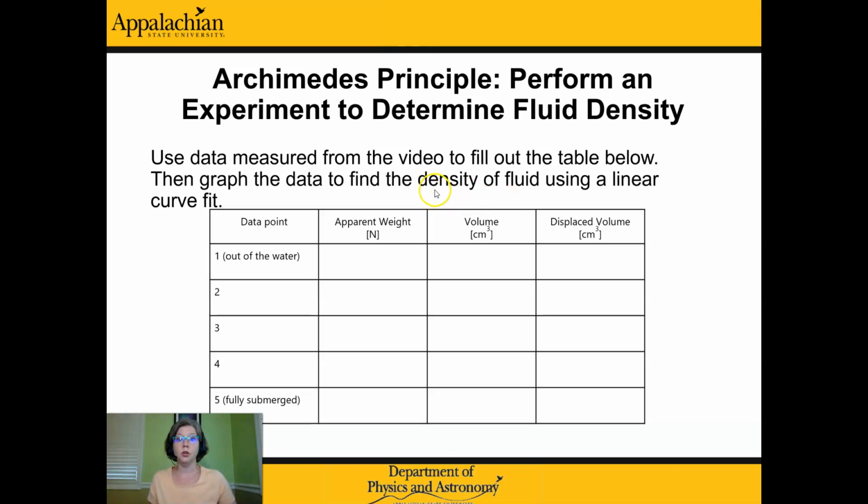From the video, you should be able to record the apparent weight as measured from a force sensor, the volume of the water as measured using the graduated cylinder markings, and from the initial volume of the water with nothing in the water, and each individual volume of the water with a portion of the metal in the water, calculate the displaced volume.